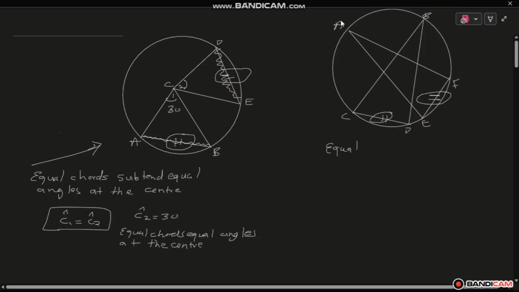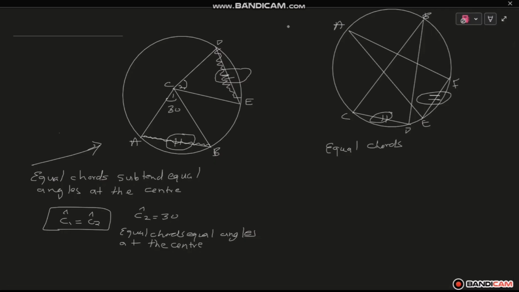So here we have equal chords subtend equal angles, not at the center because they are not meeting at the center, but at the circumference.